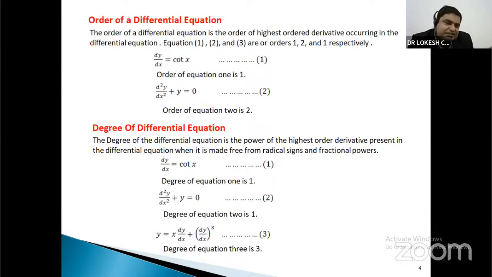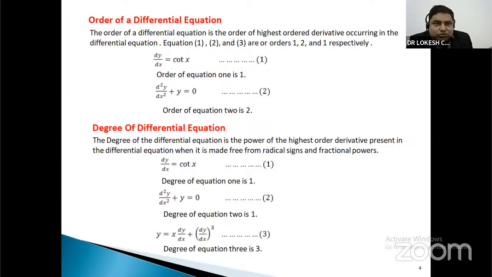So we will say that it is a first order ordinary differential equation. In equation number 2, the highest order derivative occurring here is d2y/dx2. So here we will say that it is a second order differential equation, since the highest order derivative occurring is d2y/dx2, whose order is 2.